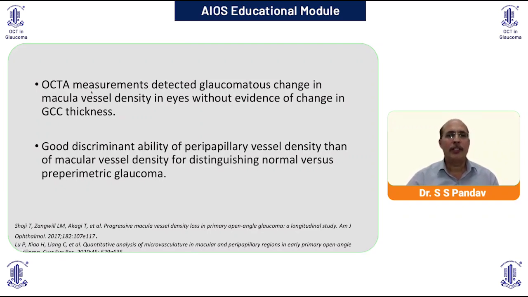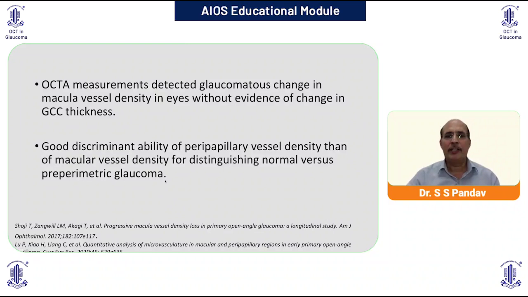If you now look at the OCT and OCTA in the macular area, this paper by Zhang and others suggests that maybe OCTA changes might be preceding the retinal ganglion cell thickness changes in the macular area. So that again points toward the OCTA being able to detect glaucoma early.